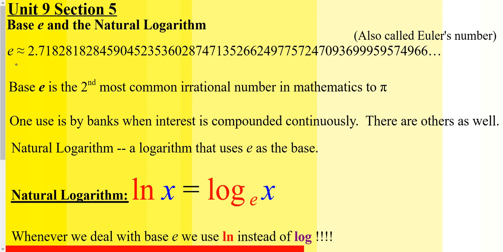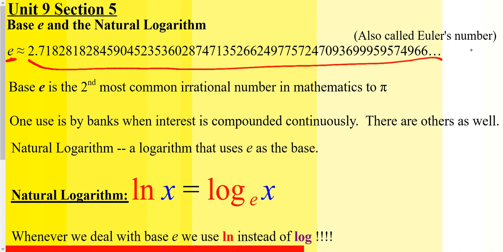Now, here is an approximation of e. It actually goes on forever, but it shows up a lot in mathematics, so just beware of that. Because this number kept showing up over and over again, they gave it a special name, e.